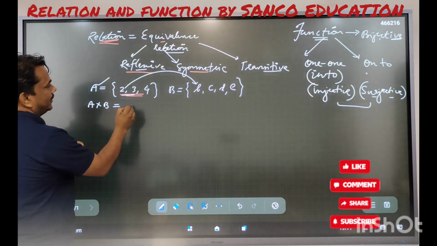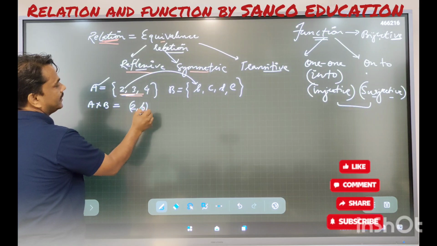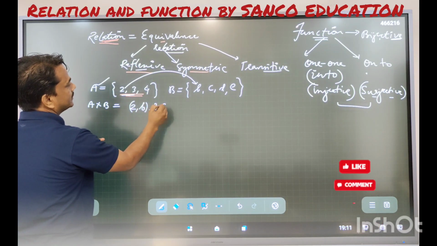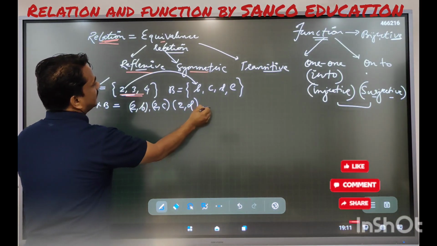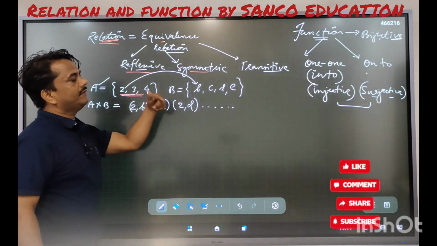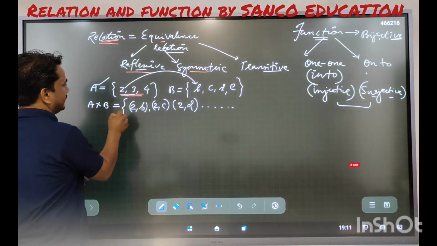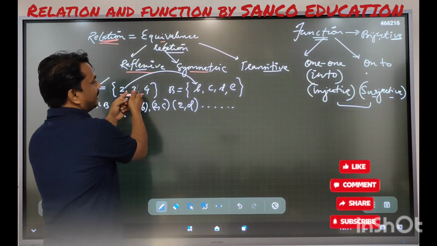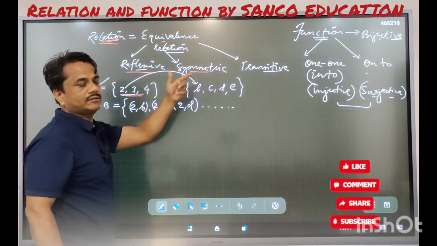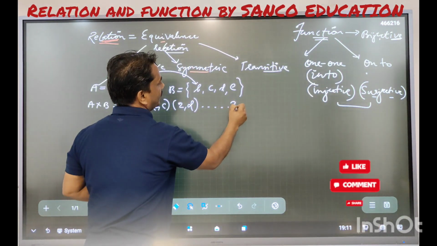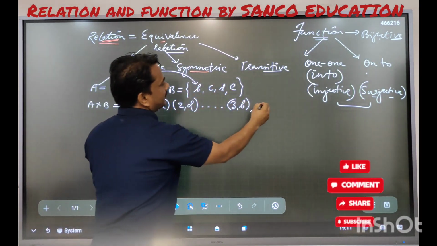The first arrangement will be 2 with B. Now second, 2 with C. Now 2 with D. Similarly, 2 can come with B, C, D and furthermore. Similarly 3 can come with B, 3 with C, 3 with D and so on. Similarly 4 will also come with these.